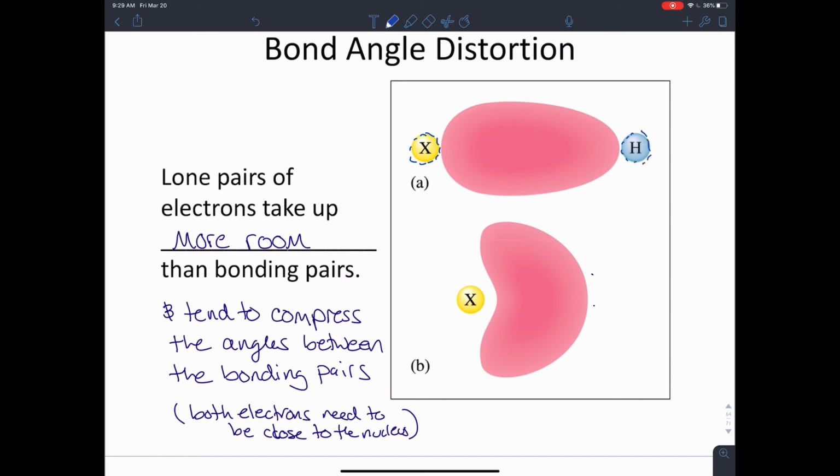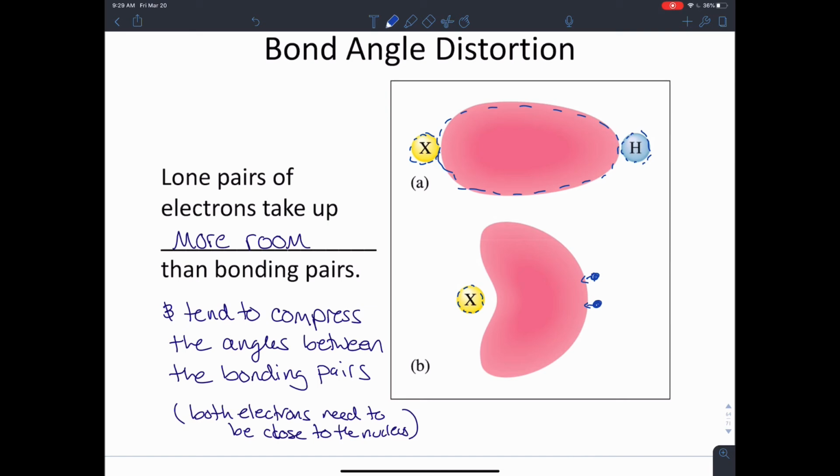So these electrons in this cloud look like they're being shared pretty equally. But if X has a non-bonding pair surrounding it, both of those electrons individually are trying to get as close to that nucleus as possible.